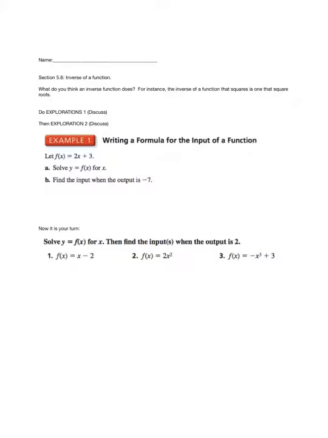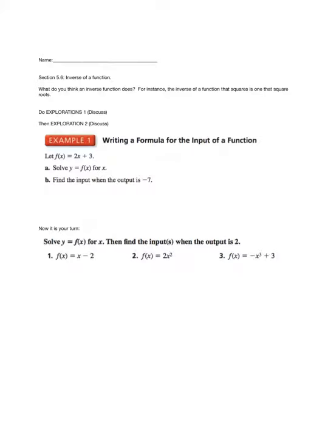Okay, I would like you to open your student journal to section 5.6. In 5.6, there is an exploration called Exploration 1. One thing I forgot to ask you is to get a handout from the substitute.